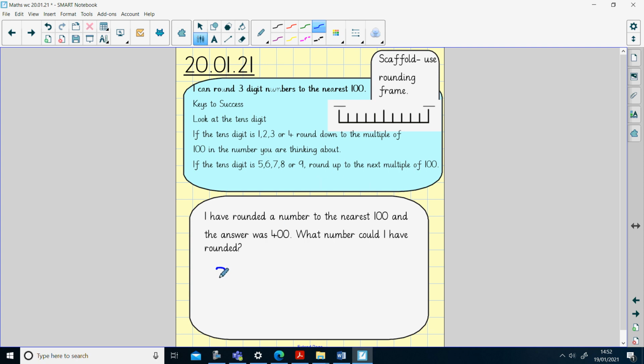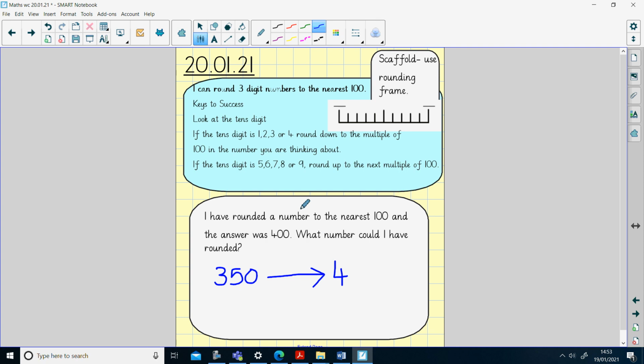So 350 would be the smallest number. So because it's got 5 tens, that would round up. So anything between 350 and I'm now thinking of the number in the 400s that I could go as my biggest number that would round down.